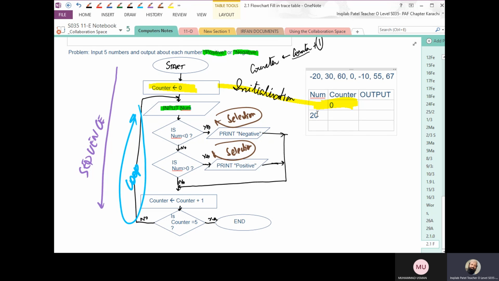Then it says to print positive. Then the counter is incremented by 1. So counter is 0, 0 plus 1 is 1. Then it says is counter equals 5? No. So it will ask to input another number. So we will input the next number. Sorry, this was minus 20. The number we have input is minus 20. So we will write down negative.